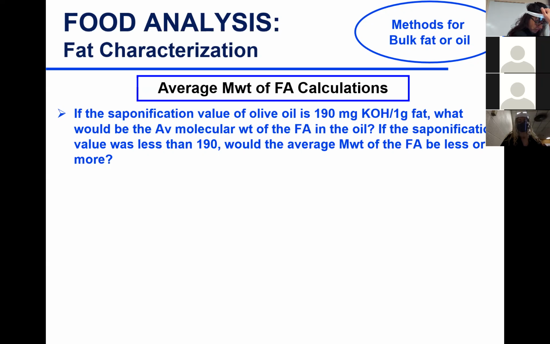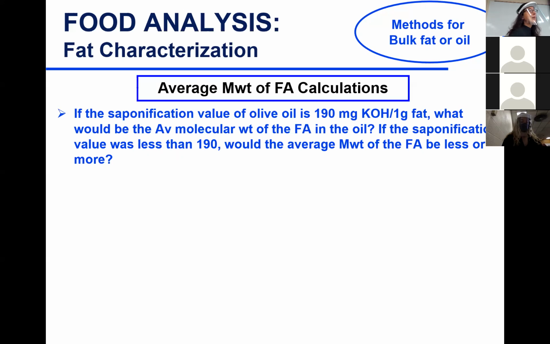All right, so we have a saponification value of olive oil. That means we have olive oil as the starting sample, and the saponification value is 190 milligrams per gram of fat. What would be the average molecular weight of the fatty acid in the oil?